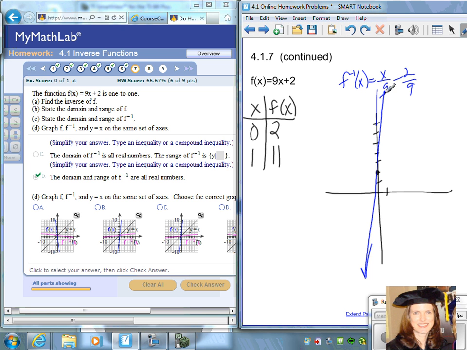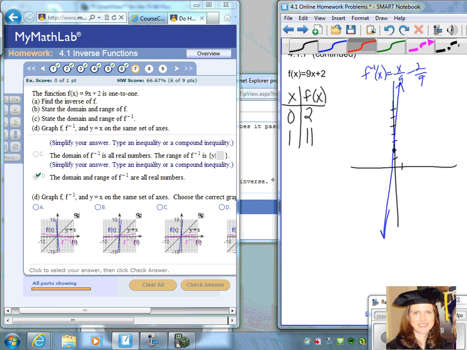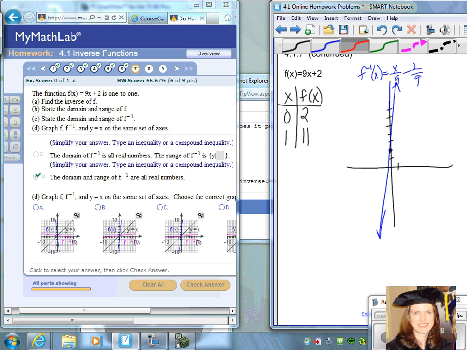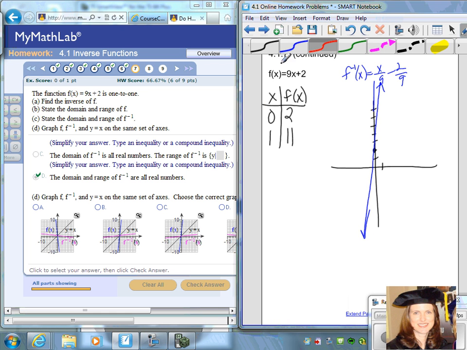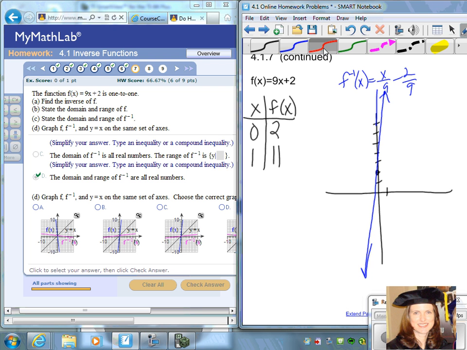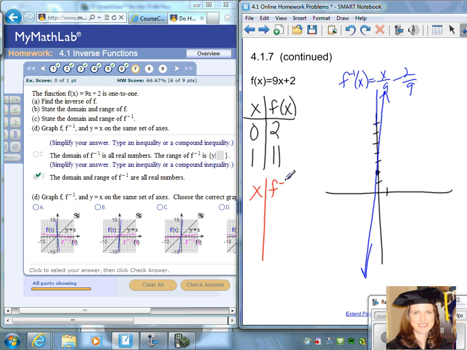That's your graph of your original function, and then the graph of the inverse is going to be reversing the order of those. 0, 2 is a point on the original function. That means 2, 0 is a point on the inverse. 1, 11 is a point on the function, so 11, 1 is a point on the inverse.